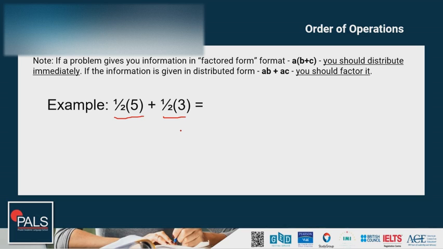So instead of working with decimals or with fractions, you can actually change the form of this problem so that you can easily find the answer. This one is in a distributive form, so we can change the format into factored format.